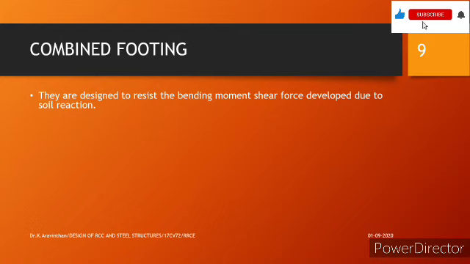Here we are interested in this part. It is generally designed to resist the bending moment and shear force developed due to soil reaction. In some cases there might be two adjacent columns due to an expansion joint. If you have a college-like structure, the structure might be more than 30 meters in length. In that case you definitely require an expansion joint between two structures, as given by the guideline.